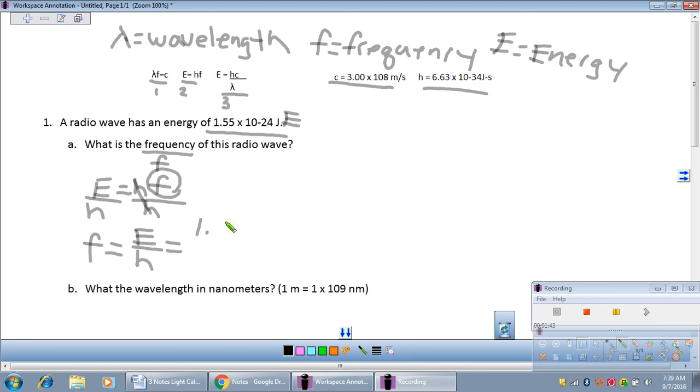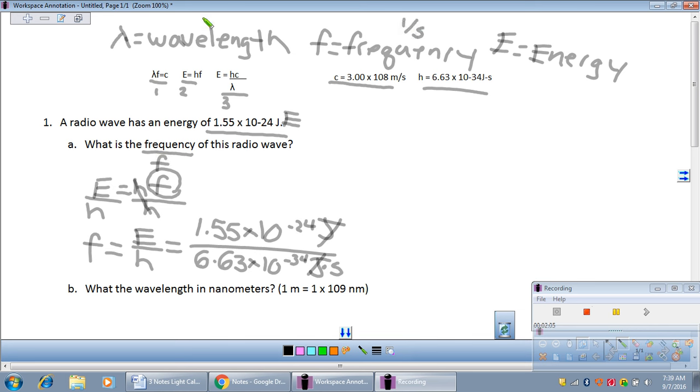Now we just type in our numbers, 1.55 times 10 to the negative 24th joules over Planck's constant, which is always 6.63 times 10 to the negative 34th joule second. The joule unit cancels out, leaving you with 1 over seconds, which is the unit for frequency.